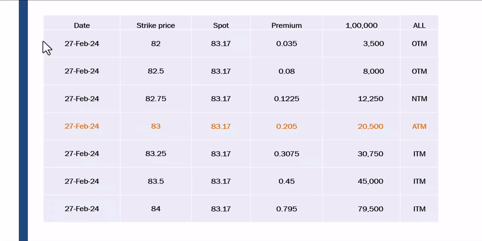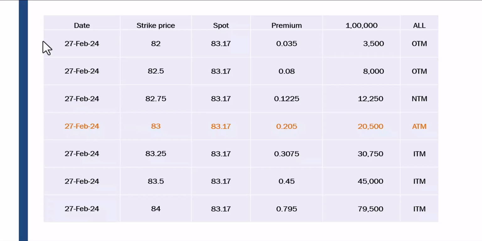Just listen. 82 is out of the money, and today the rate is 83.17. So if I'm choosing 82, if the spot rate on the expiry falls below 82, I'll start making money. If I choose 84, then my profit will start from 84. If the dollar goes to 82, I make 2 rupees gain. So that's why it is in the money.